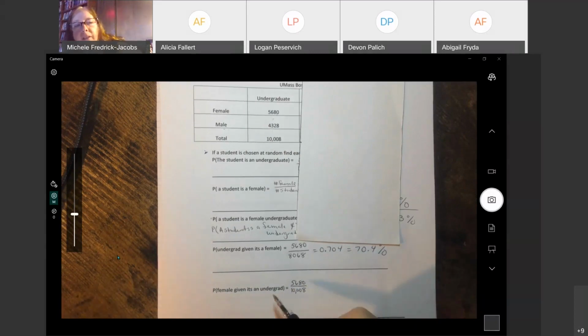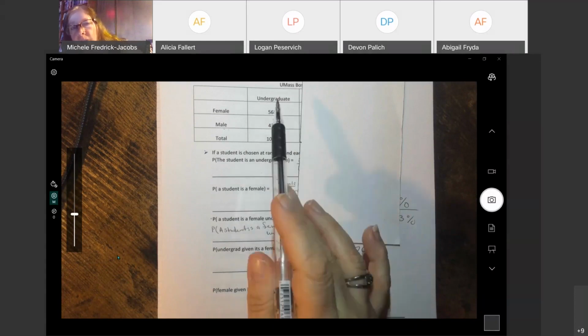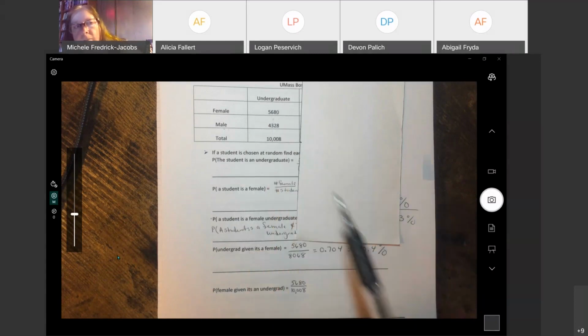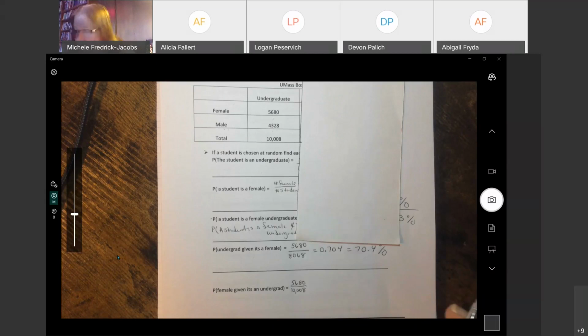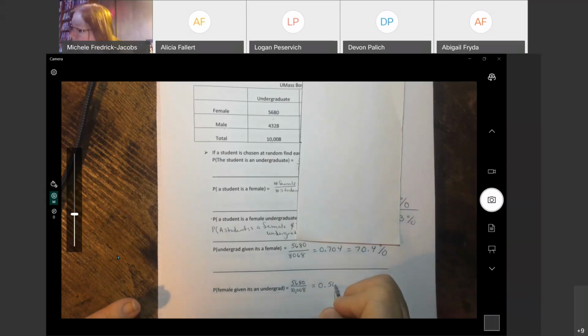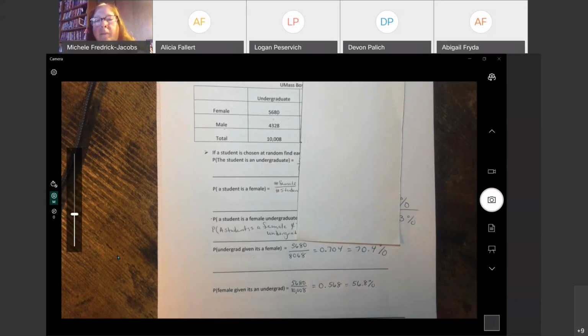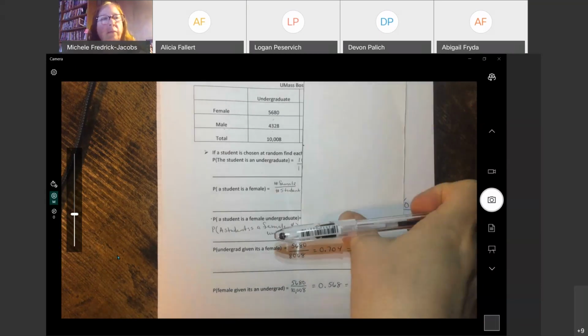Because we know it's an undergraduate, we only use this column. And then the decimal or the percent. Any questions on that?